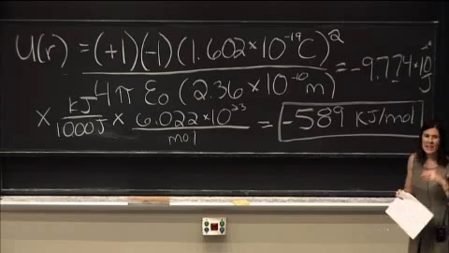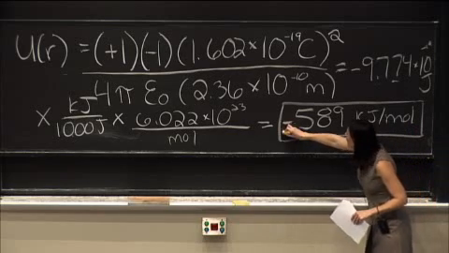What we end up with is negative 589 kilojoules per mole. So this is that same coulombic attraction that we saw in the first place. So notice that you will naturally get out a negative charge here. Remember, negative means an attractive force in this case, because you have the plus and the minus 1 in here.